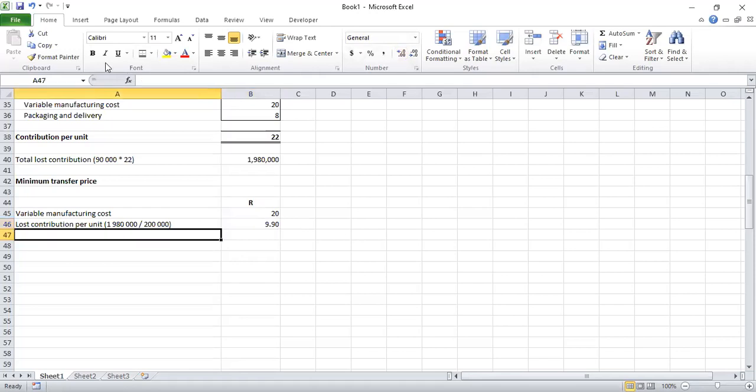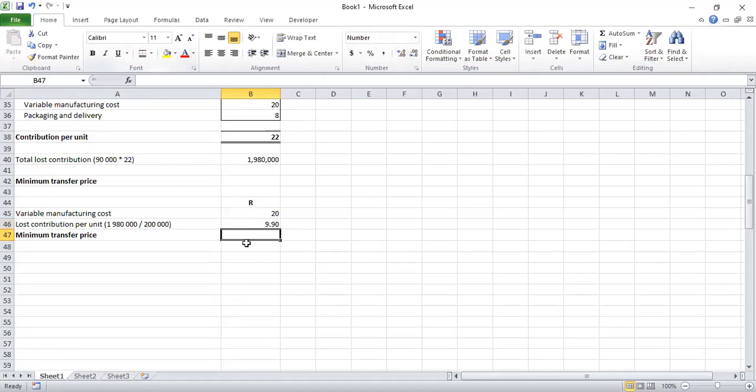Right. So that means our minimum transfer price for the coffee division would be $29.90. That is the minimum price that they want. 20 is the cost that they are going to incur to manufacture the goods.